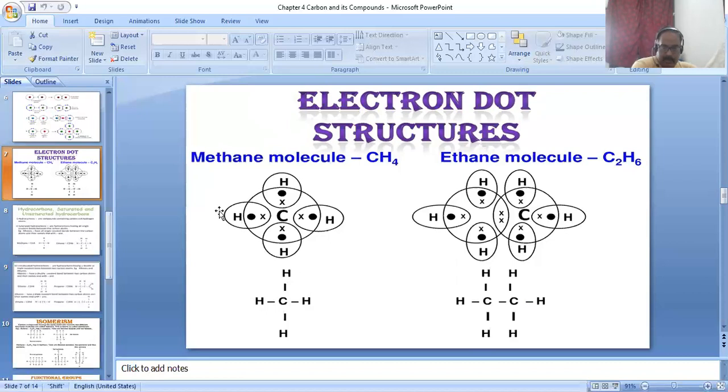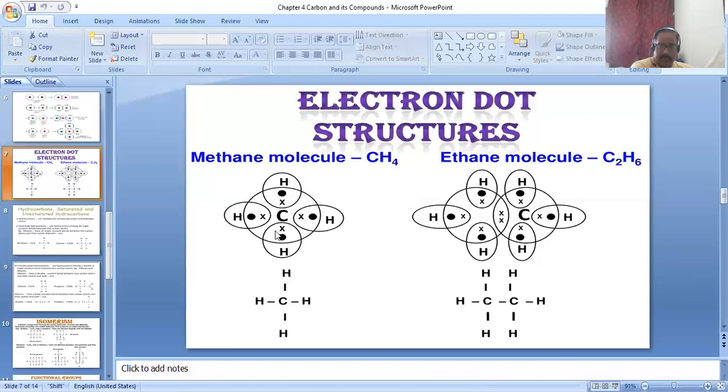So if you see the first hydrogen atom, 1 hydrogen and 1 carbon combine and make this hydrogen stable. Here the second hydrogen, it is a hydrogen electron, and this is the carbon. So these 2 electrons fill the first orbit of hydrogen, here also hydrogen 1 electron and carbon 1.